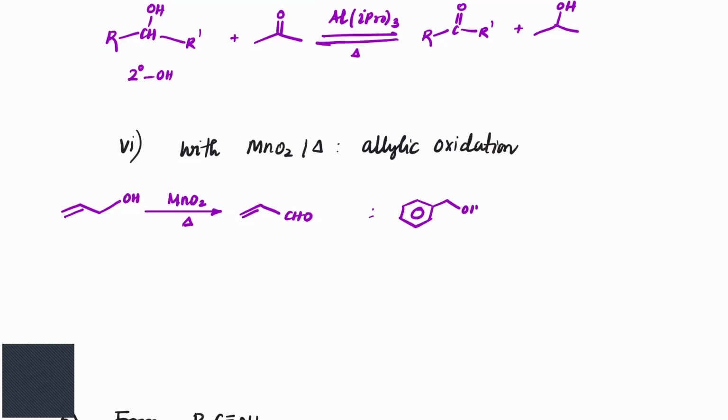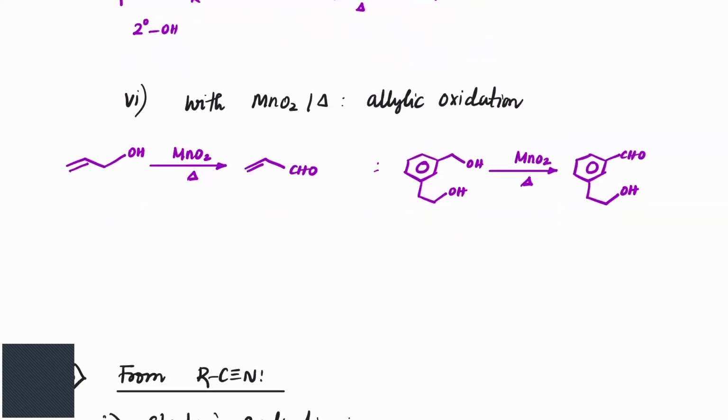So imagine we have like this and we have OH like this. And then if I treat this with MnO2 and heat, only the benzyl alcohol part will convert into an aldehyde, but the other alcohol will not get impacted. So MnO2 only oxidizes the allylic part.